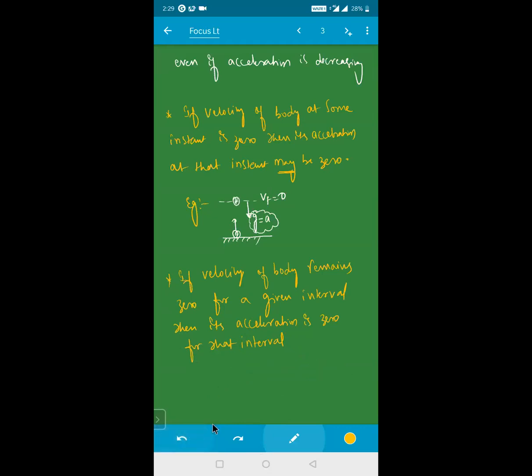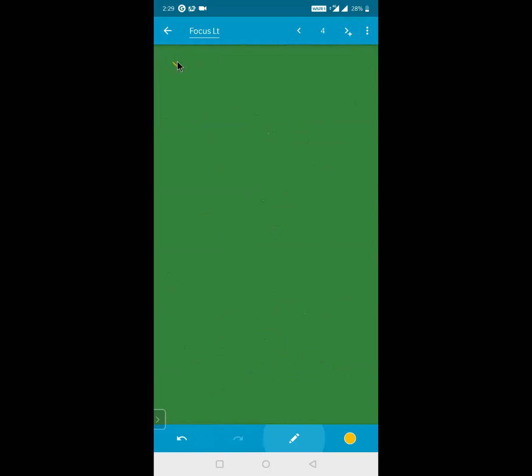Next one. See this one. A body can have non-zero velocity and zero acceleration.